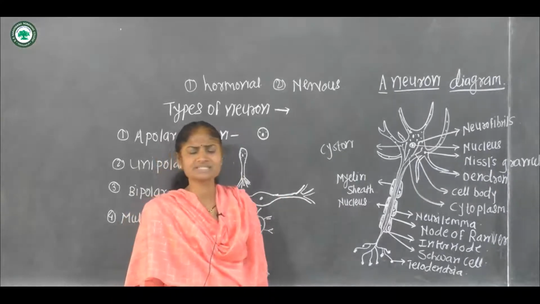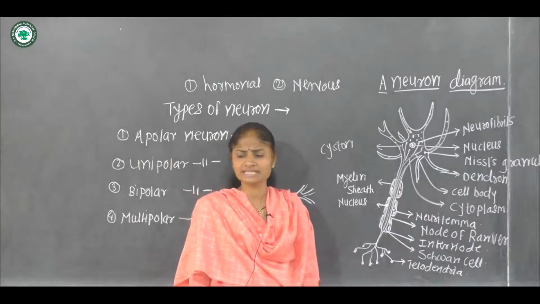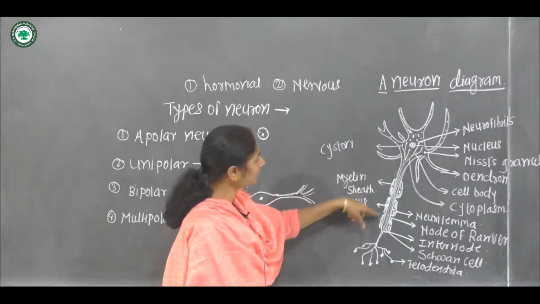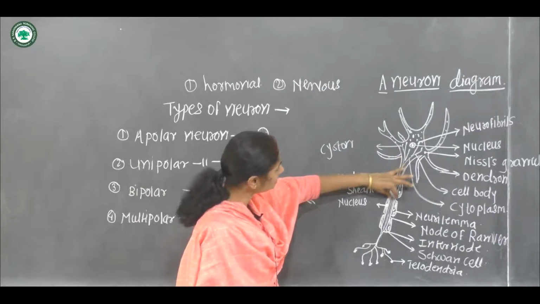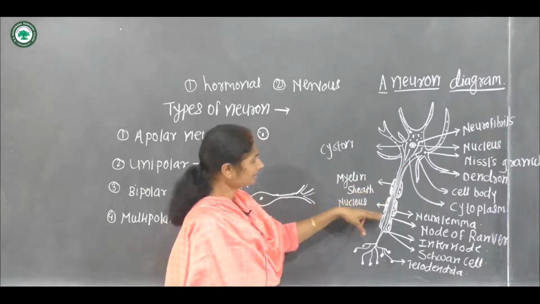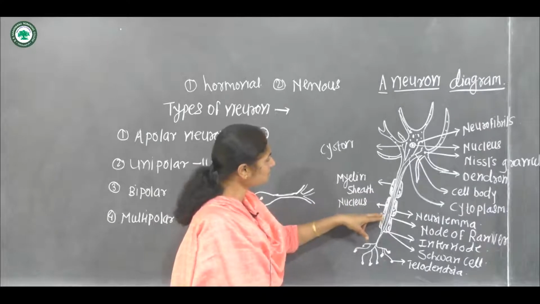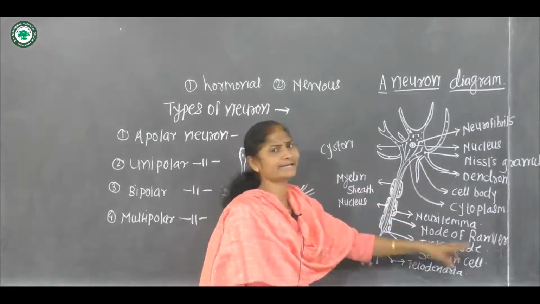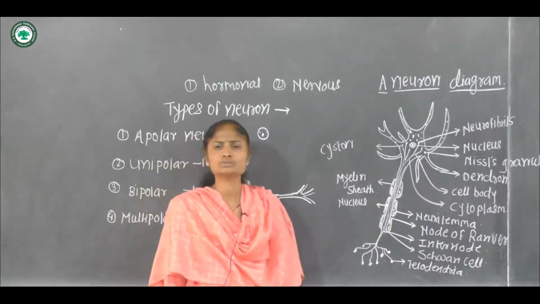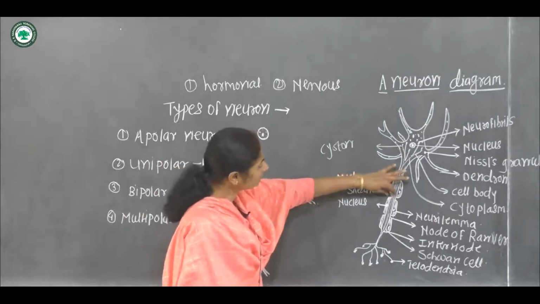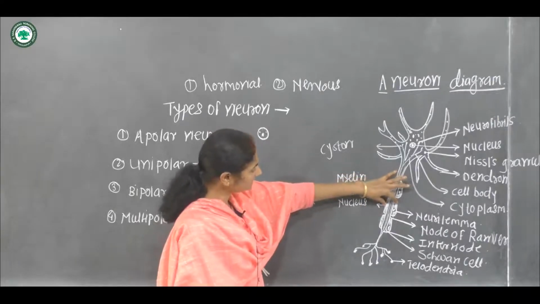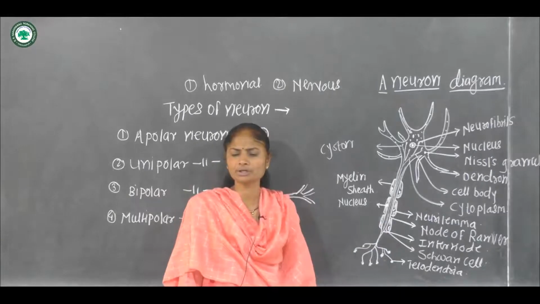The myelin sheath is constricted into segments at regular intervals. This constriction is called the node of Ranvier, and the part between two nodes of Ranvier is called the internode.